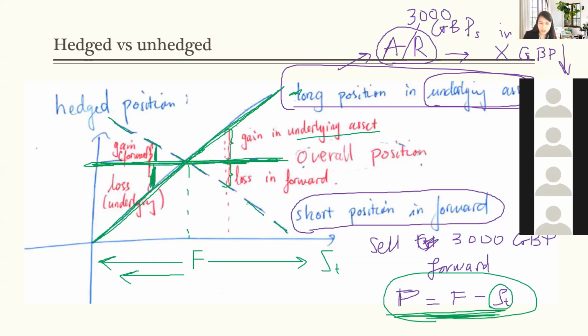So the net effect, once more, is a zero change in our position. As a result, with a hedge position using a forward contract, you will always end up with a flat line. So if you hedge your foreign exchange exposure using a forward contract, you will always end up paying the forward rate, which is a fixed rate.